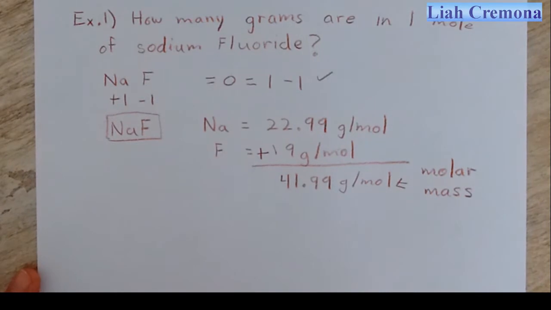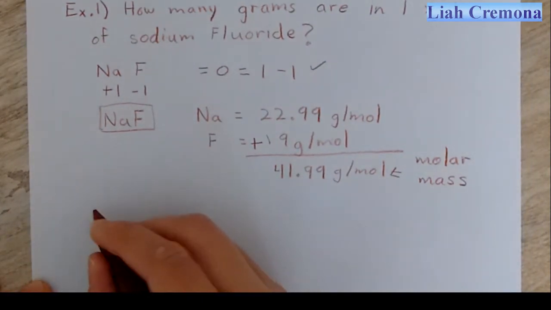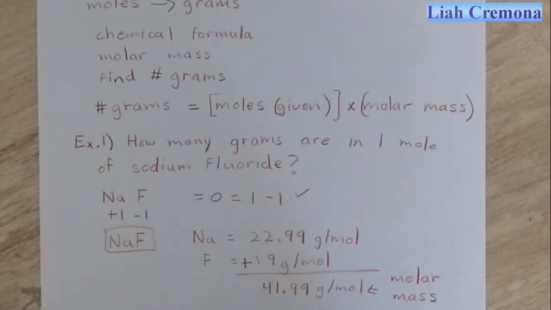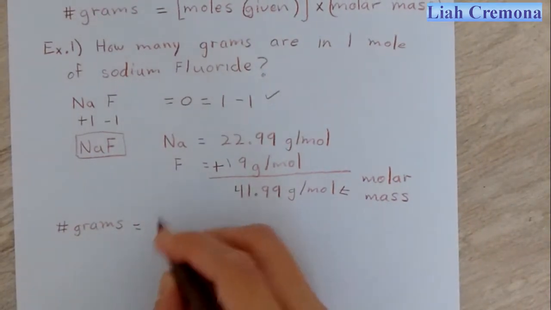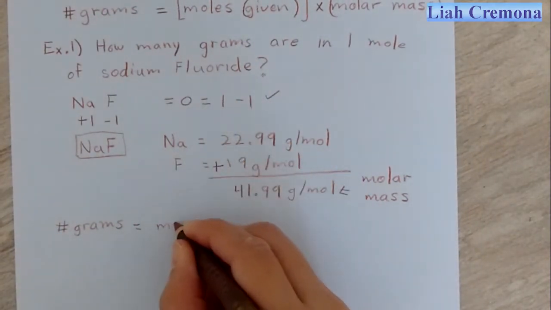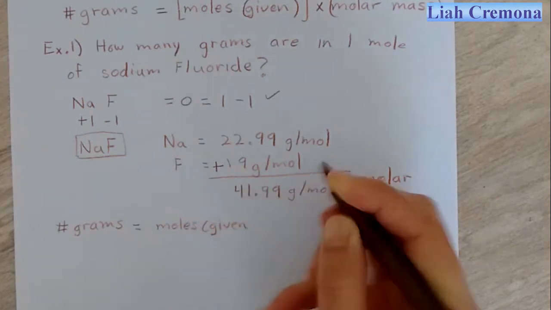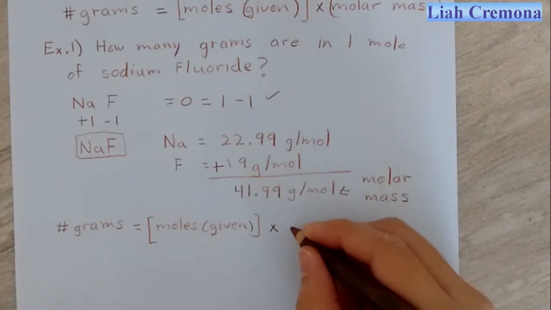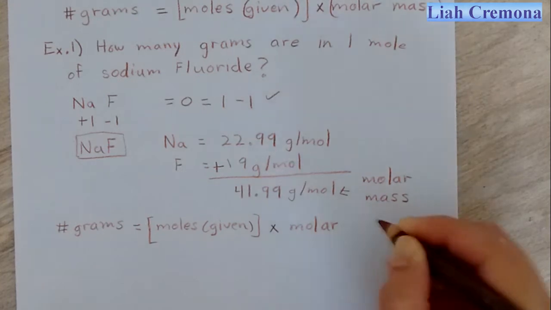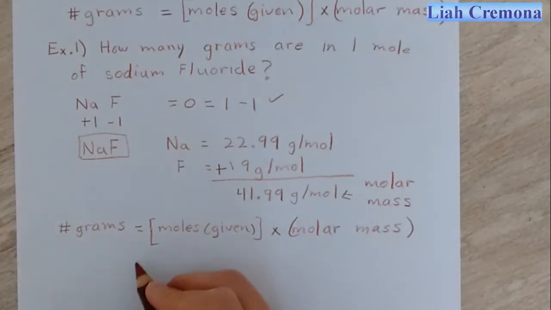Now the next step is to find the number of grams. And we know that the number of grams is equal to the moles that were given multiplied by the molar mass. So now we just plug in the numbers.